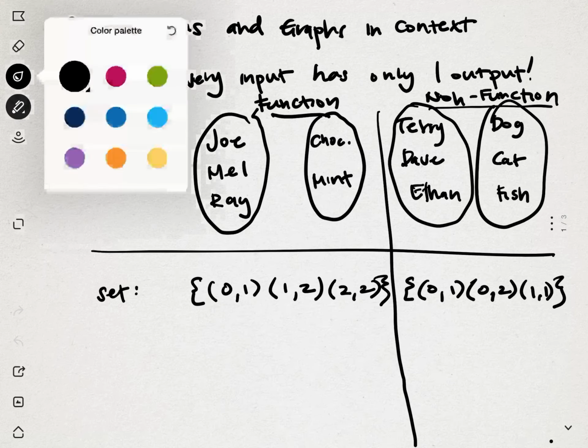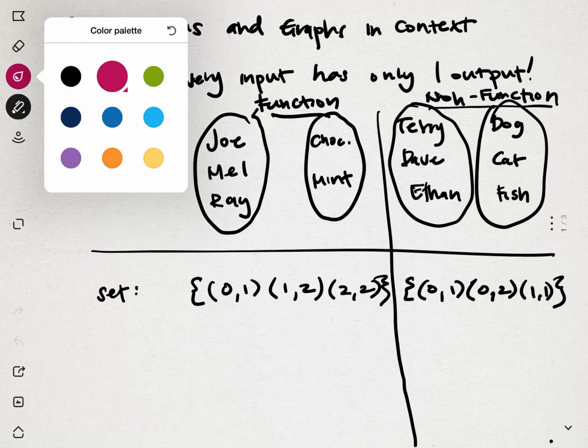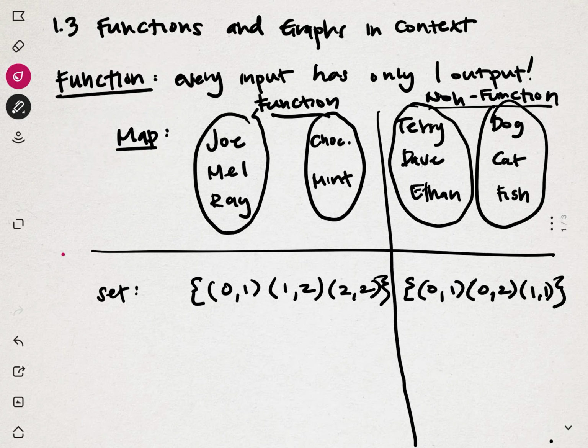So let's say we're looking at this first relation here. We have Joe, Mel, and Ray. We have three people and we ask them what their favorite ice cream is. Let's say Joe likes mint, Mel likes chocolate, and Ray also likes mint.